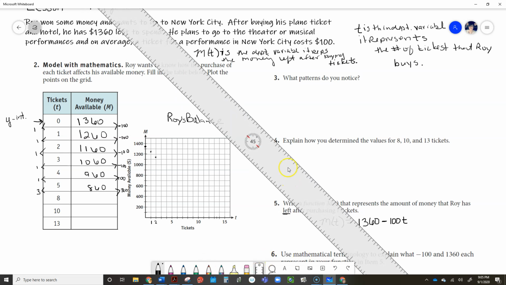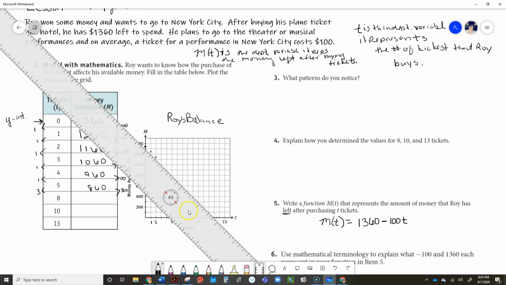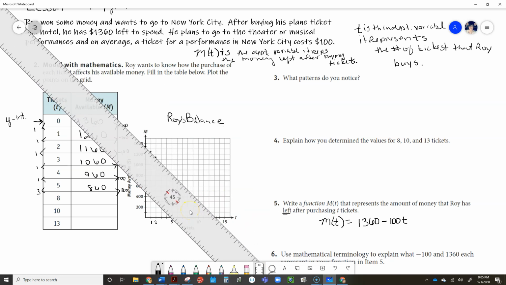If I take my ruler over here, I got to spin it just a smidge. That's pretty close right there. I'm afraid if I spin it anymore, it might be too much. That's pretty good right there. So I'm going to use that ruler right there to make this straight.